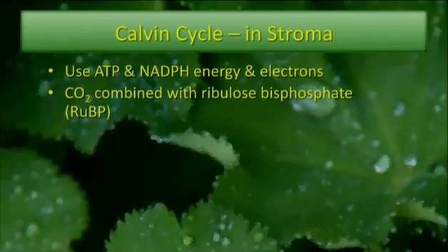During the Calvin cycle, this is when carbon dioxide comes in. The carbon dioxide is combined with a 5-carbon sugar known as ribulose bisphosphate, also called RuBP. This complex is then converted to sugars, like glucose.